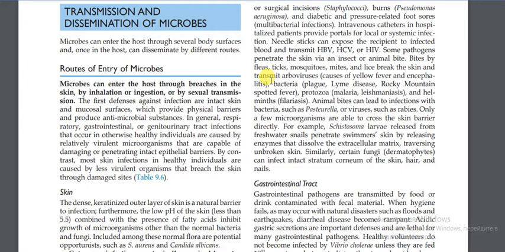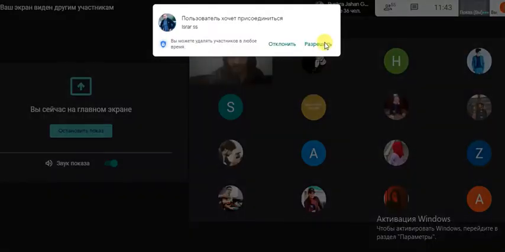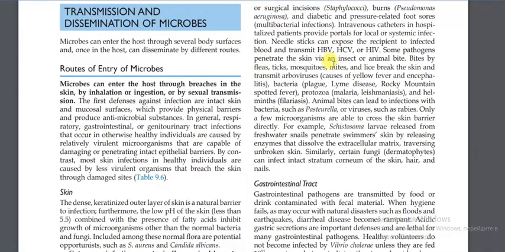Some bacteria can penetrate the skin with the help of bites of insects or other animals who can injure our skin. As I said, it's bites by fleas, ticks, mosquitoes, mites, lice.